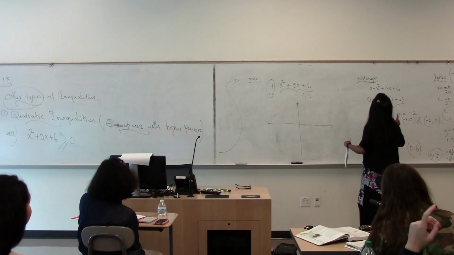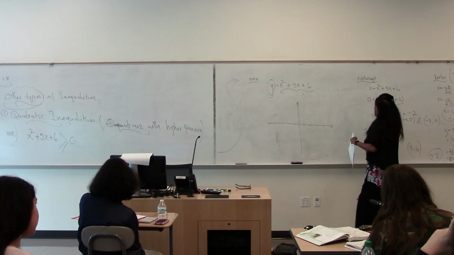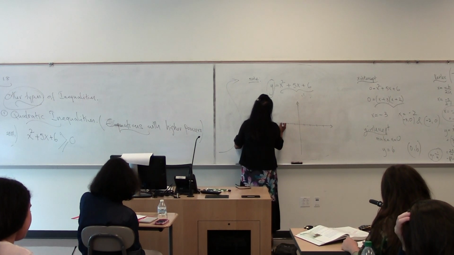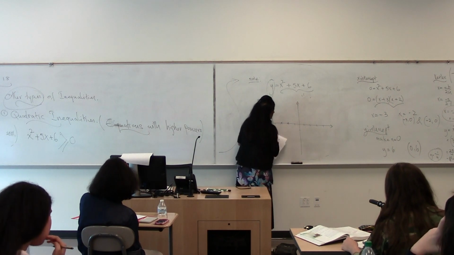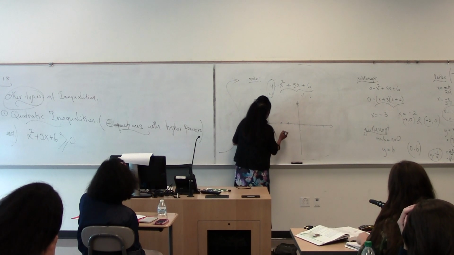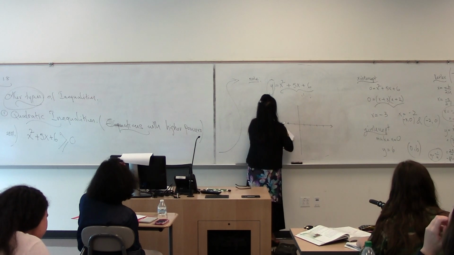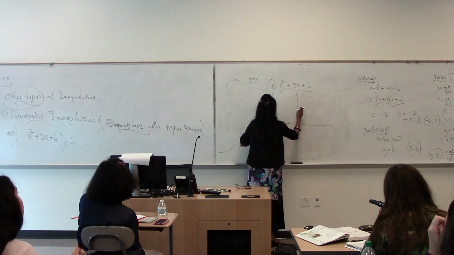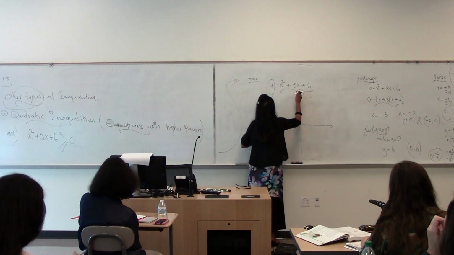What are the x-intercepts? Negative 3 and negative 2. These are the x-intercepts. The y-intercept is 0, 6.